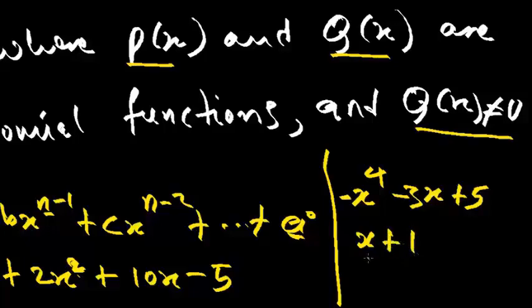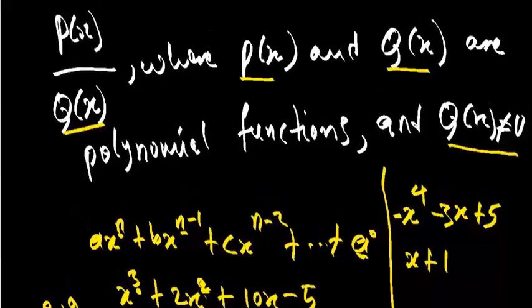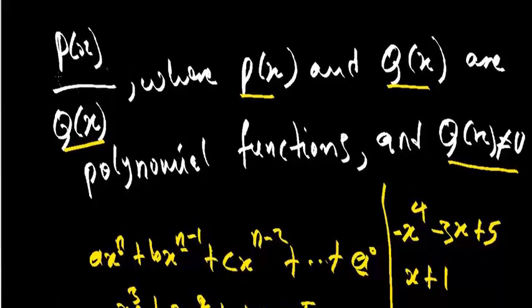So all these functions are polynomial functions, and we are saying that a rational function is a polynomial function over a polynomial function. So we have p of x over q of x. That's what we mean by a rational function.